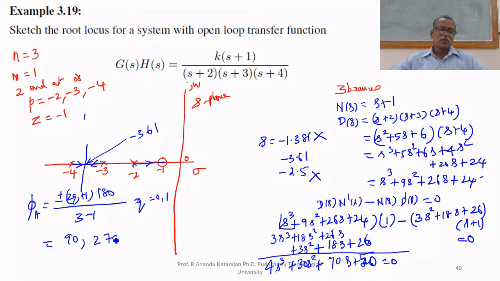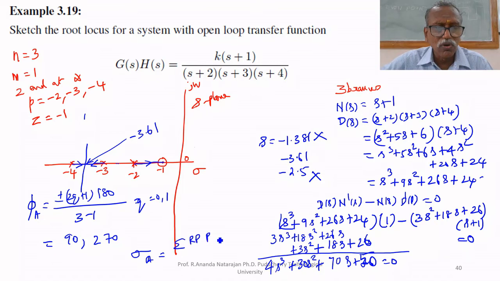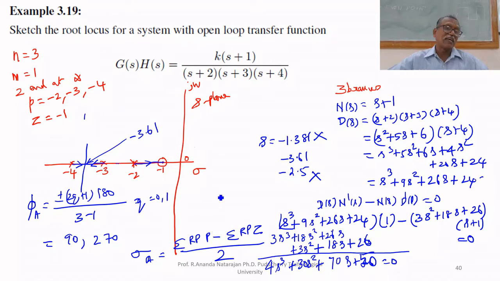So the angles are this. What is sigma A? Sigma A equal to the sum of real parts of poles minus the sum of real parts of zeros, divided by n minus m, that is 2. Real parts of poles: minus 3 plus minus 2 plus minus 4, that is minus 9.